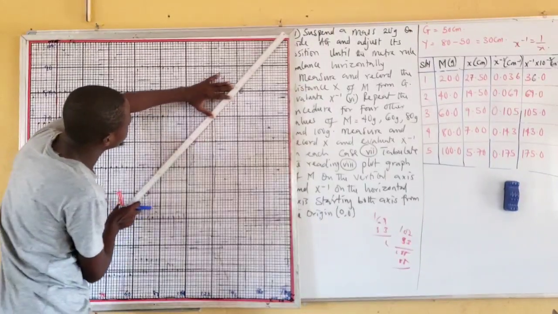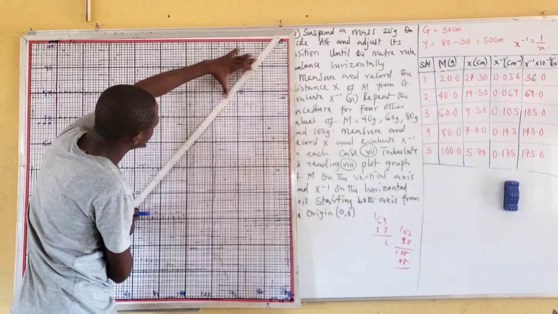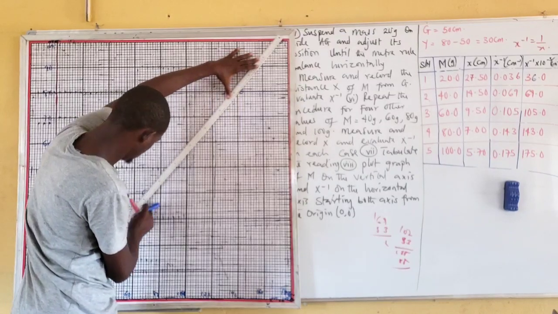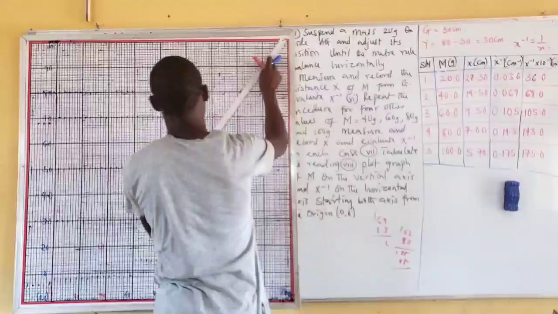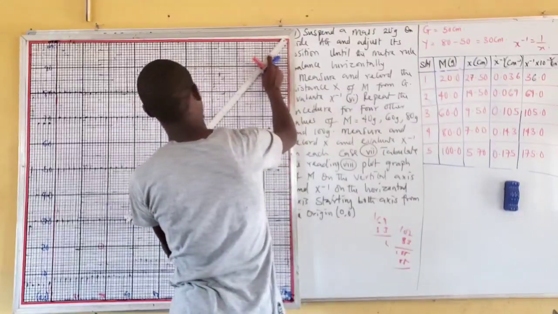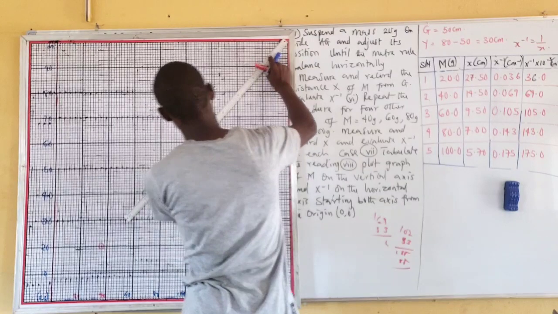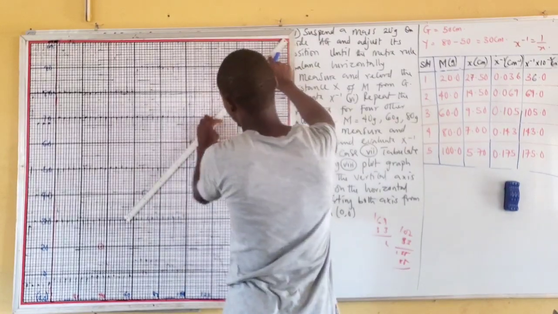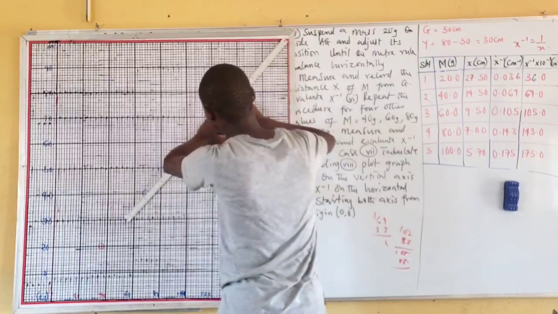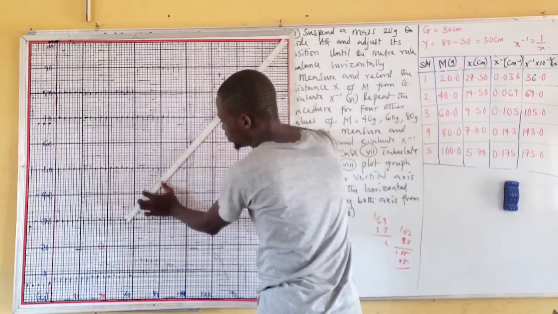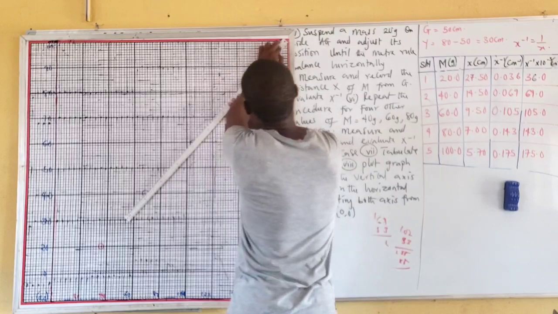Then I should be having this. Let me try to use this. Sorry that my ruler is not that long, but we are going to manage it. So we have these three lines. One, I have this line, this point, and this point.